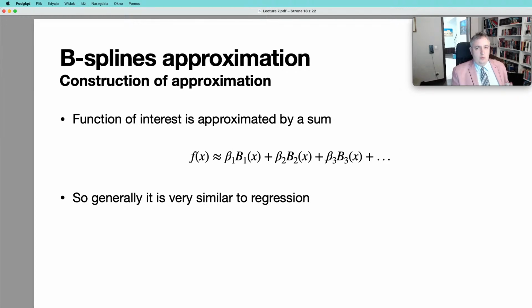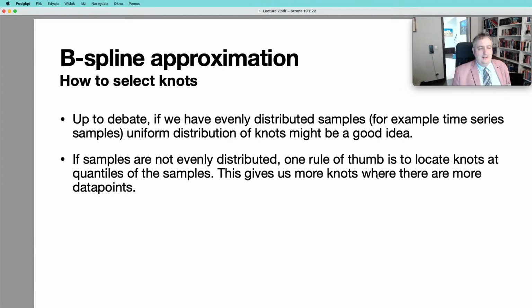First parameters work on only one end of the interval, later parameters work in the middle, and so on. So this is very similar to regression, because B-splines can be considered as our predictors: using them on the independent variable, you get functions of this independent variable, and you can use them as elements of the design matrix.